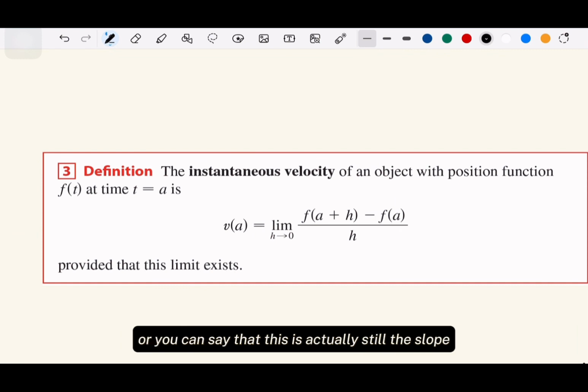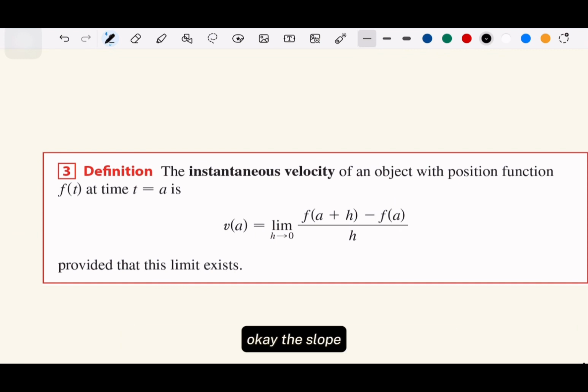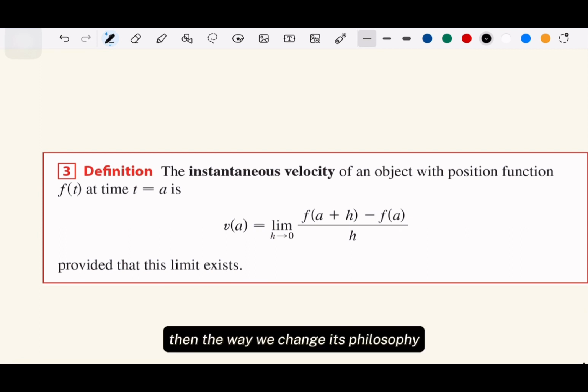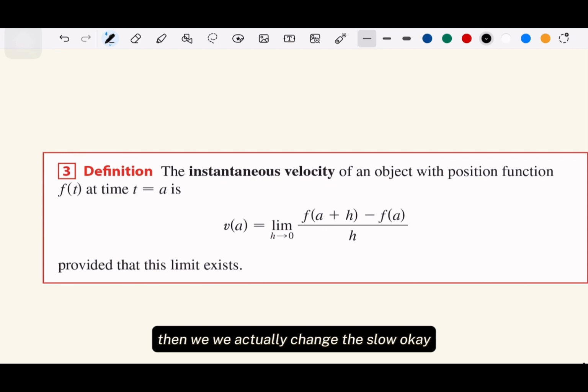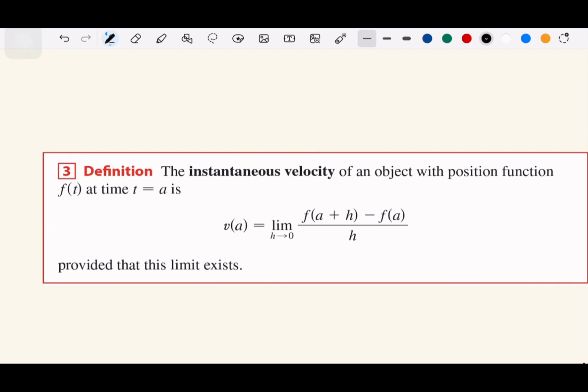Or you could say that this is actually still the slope. Okay, the slope. So if we imagine that the curve is position or distance, then the way we change its velocity, we actually change the slope. Okay? So if we can make it into a graph, then we could also see whether it's going to be fast or slow.